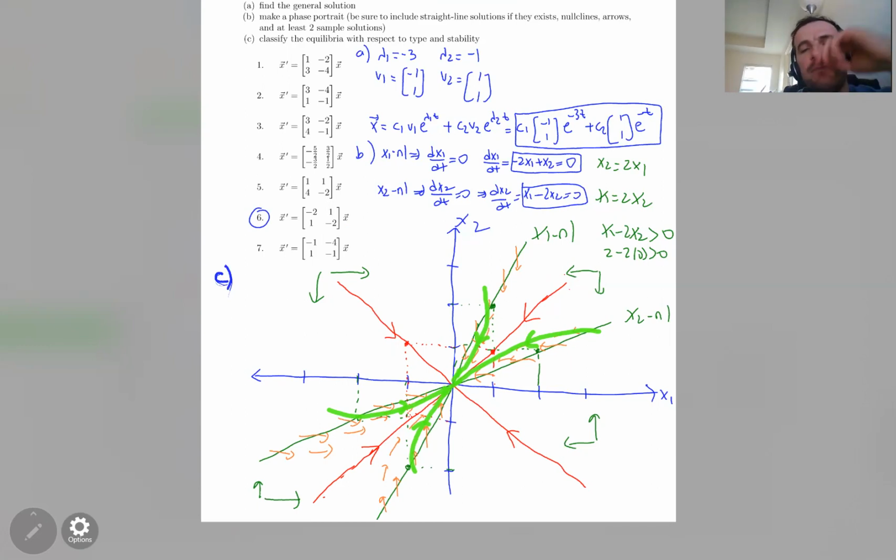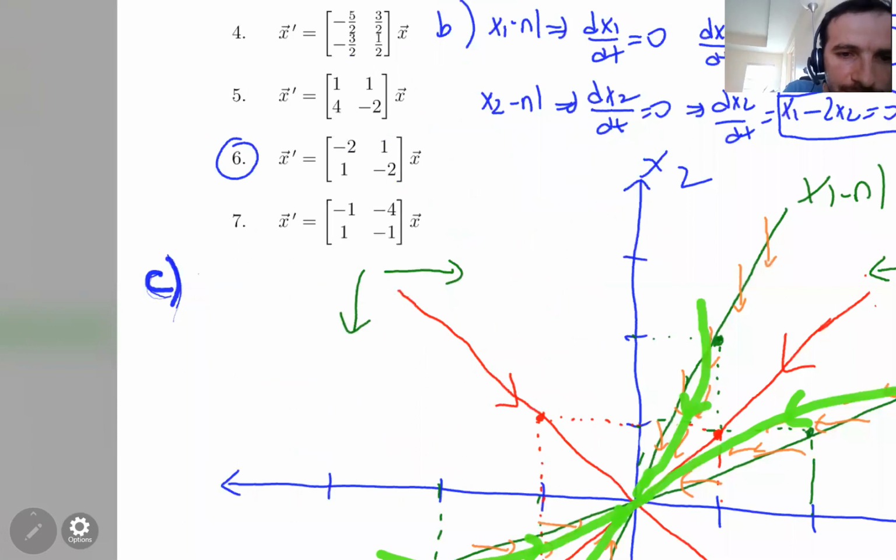For the classification, remember, there are different possibilities, and it totally depends on the eigenvalues. Since in our case both eigenvalues are negative, real, and distinct, this solution is an asymptotically stable node.